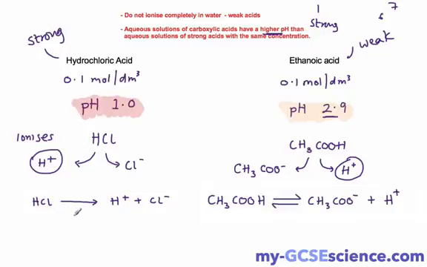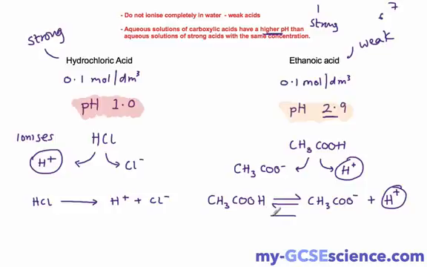With hydrogen chloride, it will ionize into hydrogen ions and chloride ions, but the key with our ethanoic acid is that this process is reversible. So while we can go from ethanoic acid to CH3COO minus plus our hydrogen ions, this is reversible.